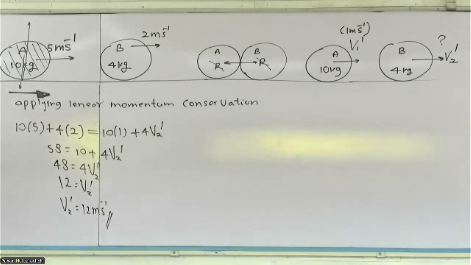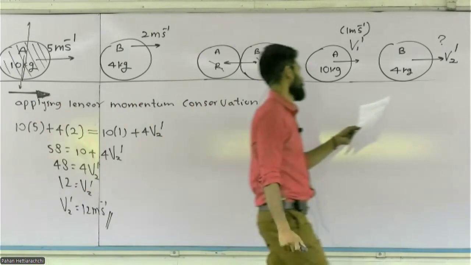So the new velocity of the object with a mass 4 kg, object B, is 12 meters per second. We got that from the conservation of linear momentum.